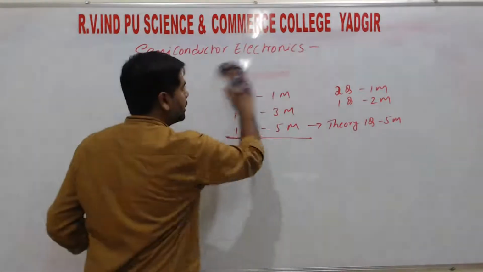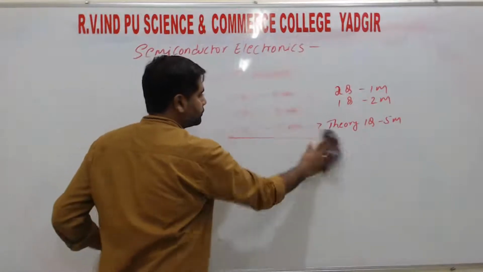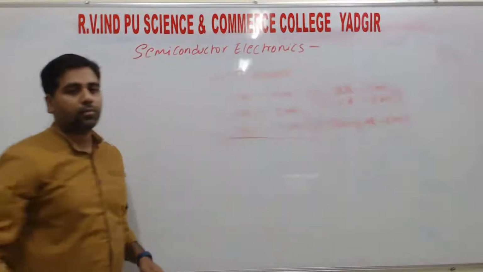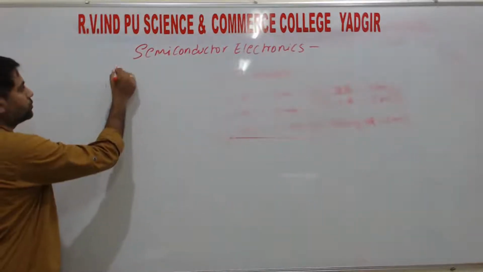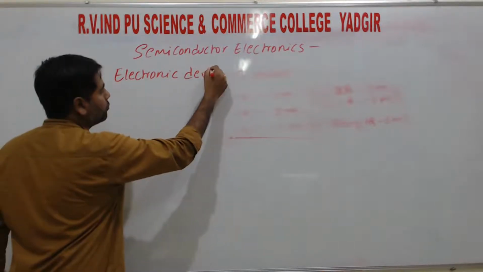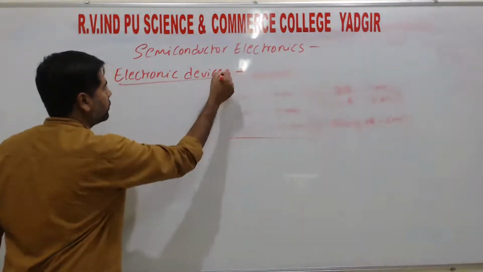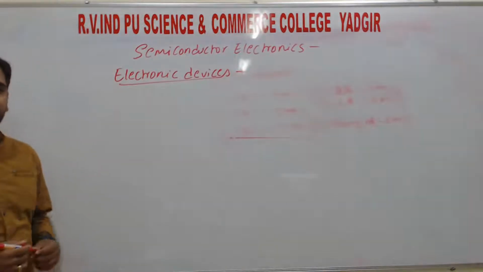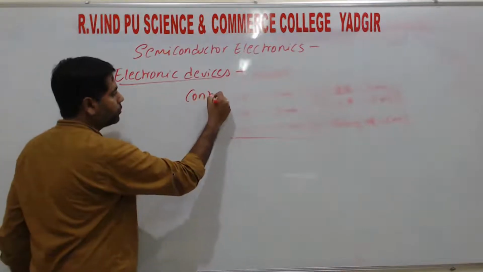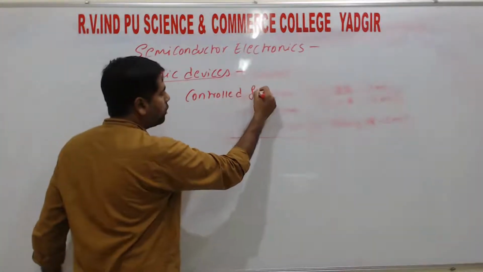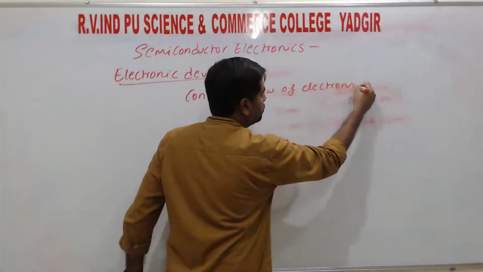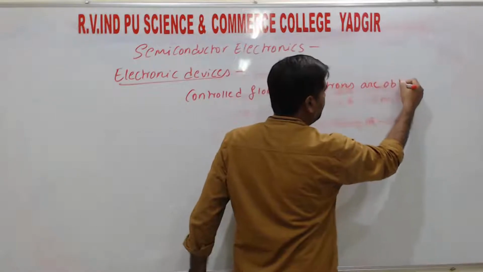So what are electronic devices? These are the devices in which a controlled flow of electrons is obtained.